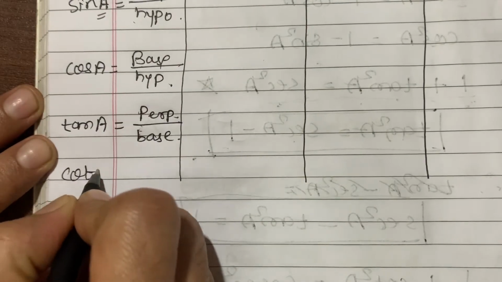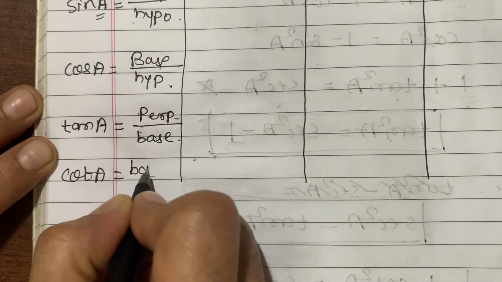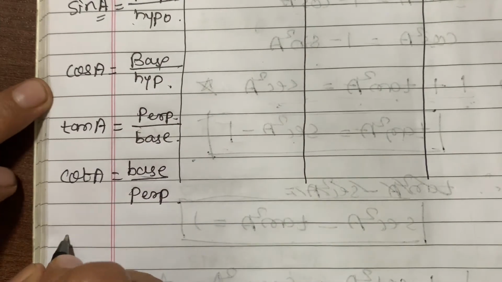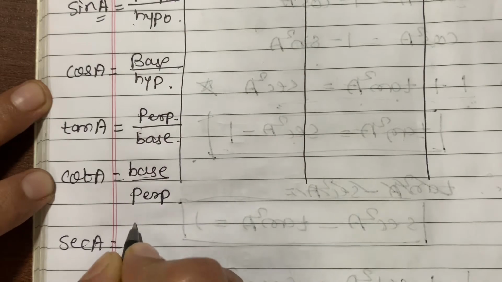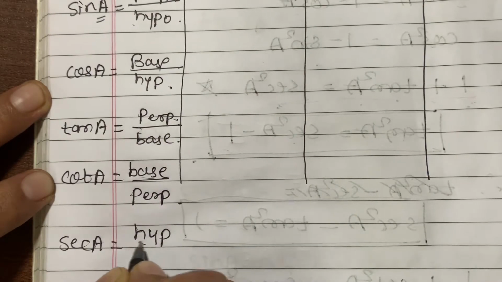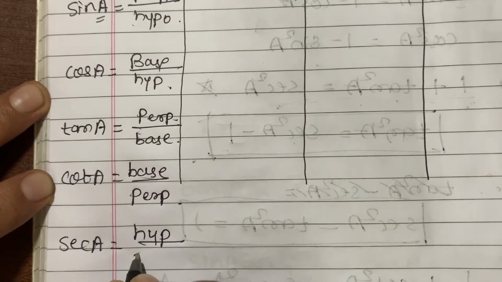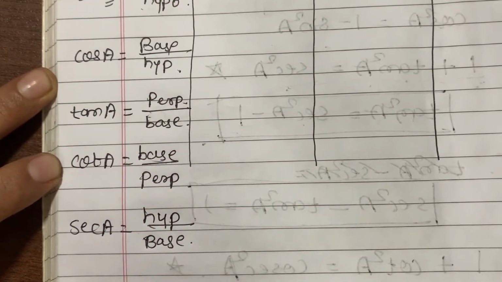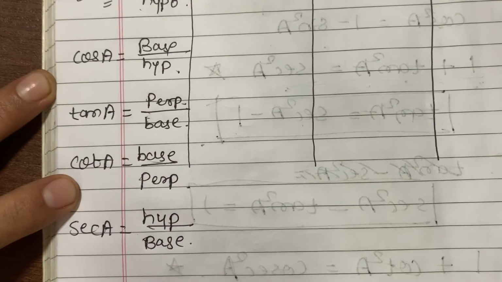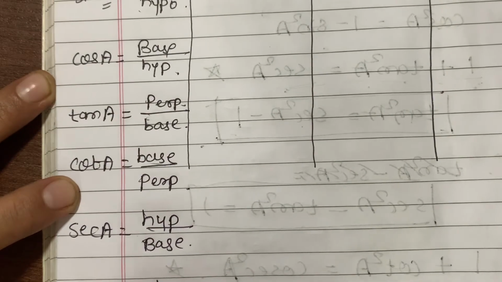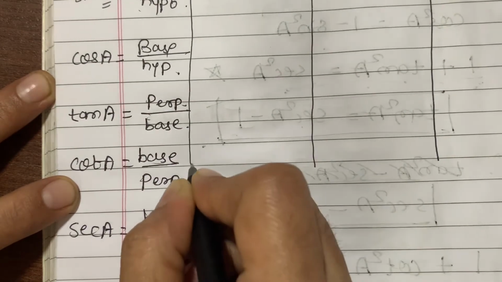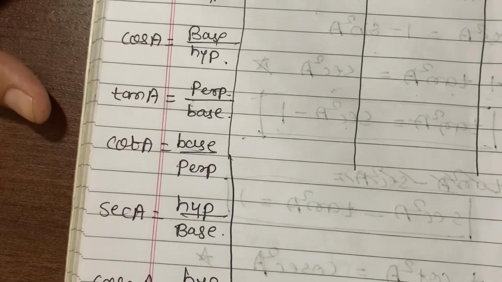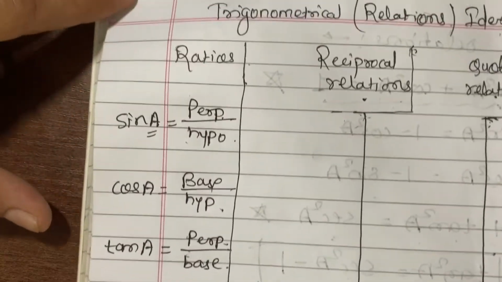Cot A is equal to base upon perpendicular. Sec A is equal to hypotenuse upon base. Cosec A is equal to hypotenuse upon perpendicular. So these are the six basic trigonometrical ratios.